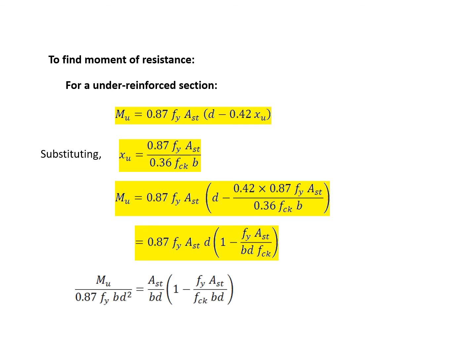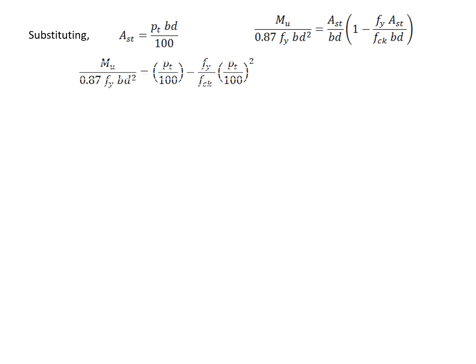Then we have made some adjustments for good reason, making it Mu upon 0.87 fy b d square, and then taking it further, we want to express it in terms of pt, that is percentage steel. So Ast is equal to pt b d upon 100.